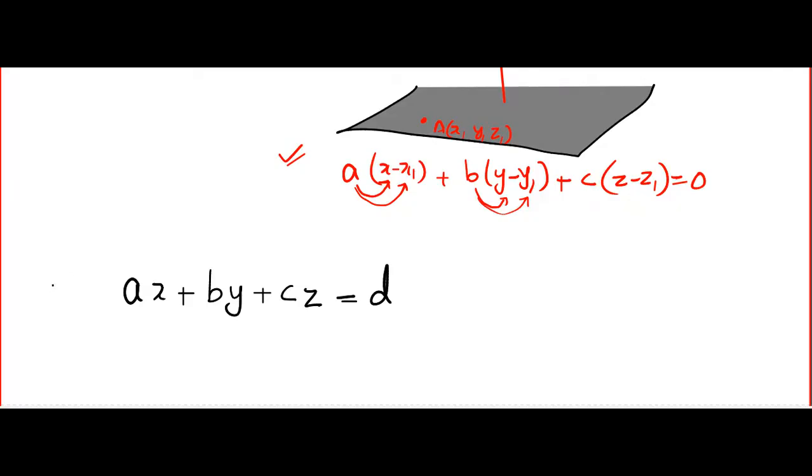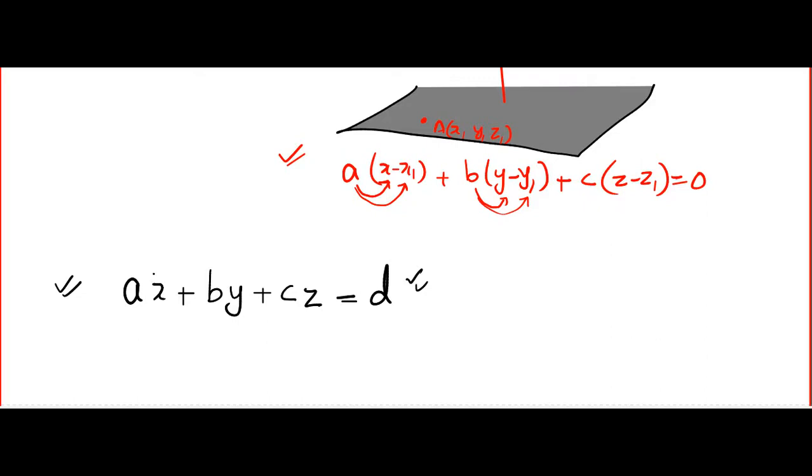And by the way, book to book it will be slightly different. Some people love to write plus d equal to 0, and of course some authors write equal to d. That doesn't make much difference, because when you do a numerical, you will understand that it doesn't matter. Anyway, I'll write ax plus by plus cz is equal to d.